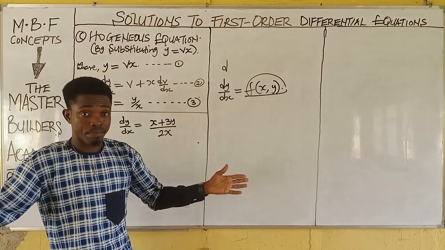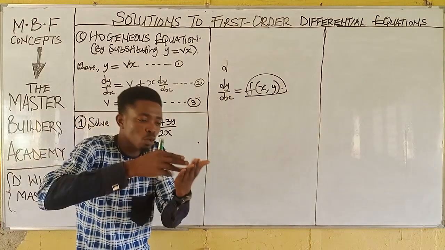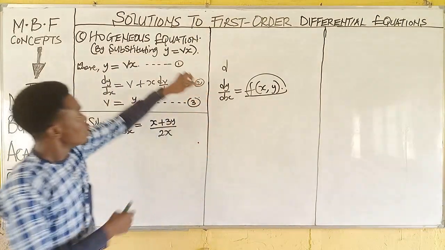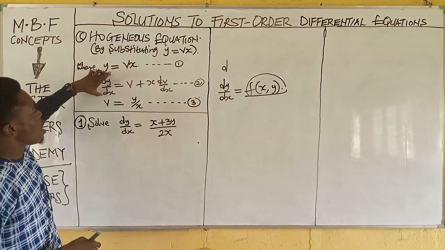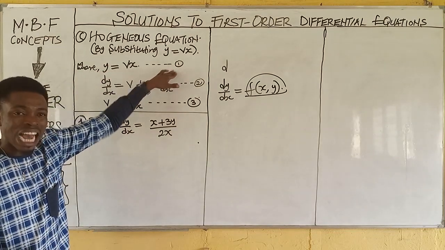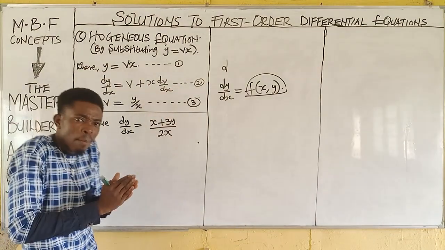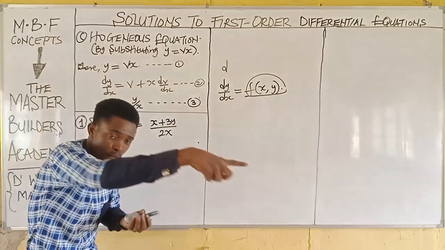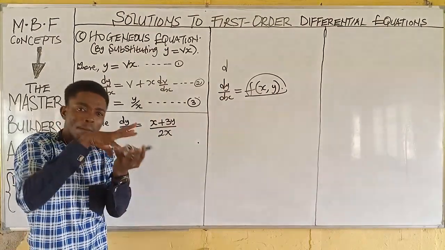Are you there? So at that point where you have successfully substituted for y and dy over dx, which is equation 1 and 2, you will be able to separate x from v, which happens to be the resulting outcome.